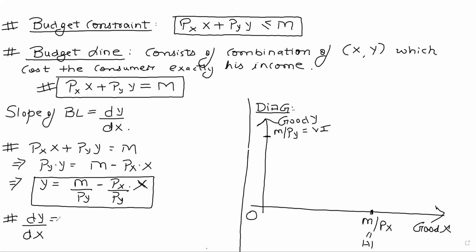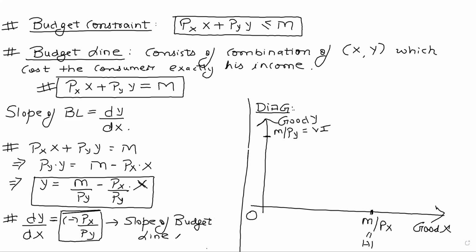Now, if I differentiate it, my income is constant. My price of good x and price of good y both are constant. So when I differentiate, what do I get? I get minus px by py. So this is nothing but my slope of the budget line. So slope of the budget line is minus px by py, where px and py are fixed.